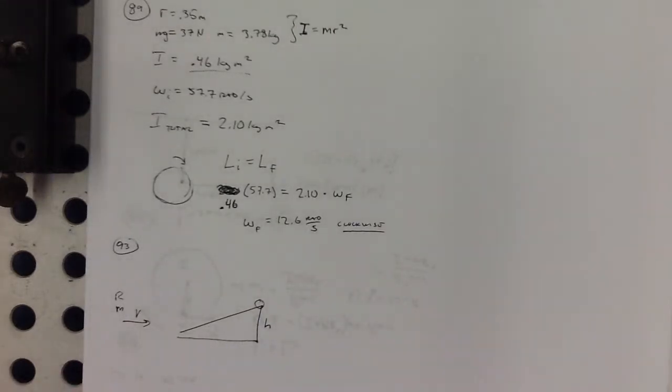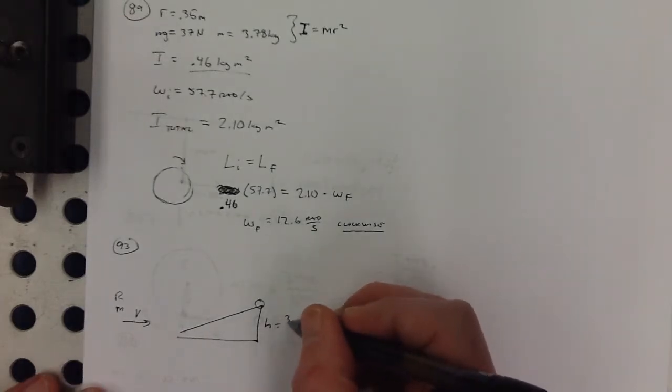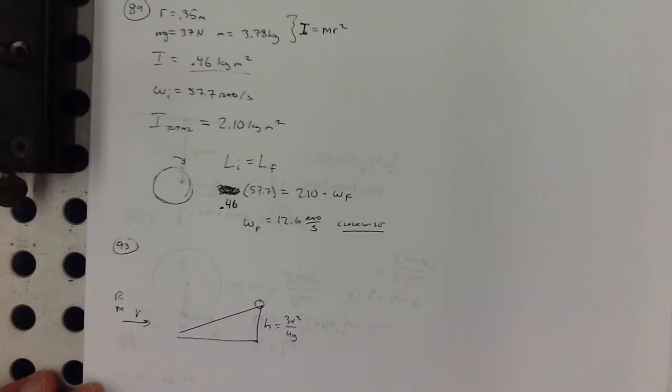Right, that's its max height. If h is equal to 3v squared over 4g, what's the body's rotational inertia about the rotational axis, and what might the body be?